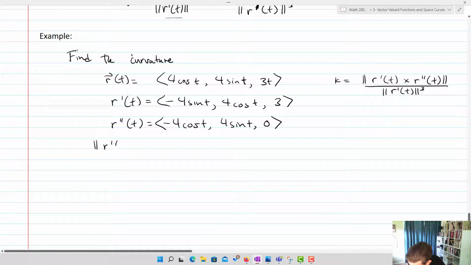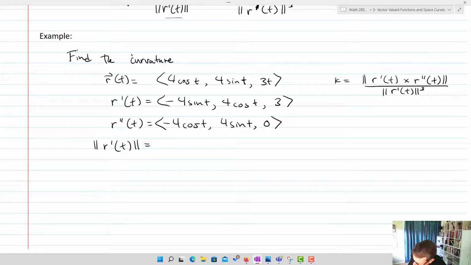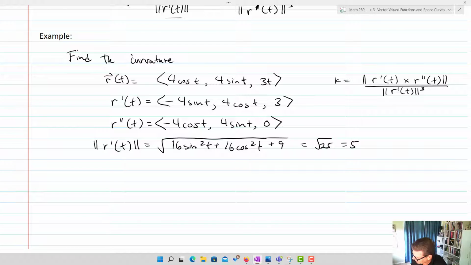The magnitude of r prime of t is going to be the square root of 16 sine squared t plus 16 cosine squared t plus 9, which equals root 25, which ends up equaling 5. Okay, we'll use that in a moment.